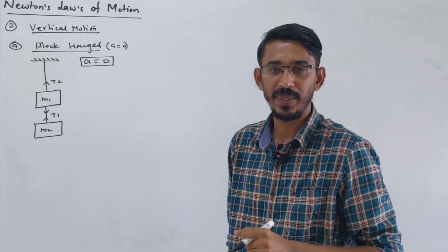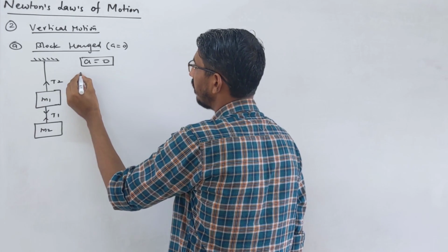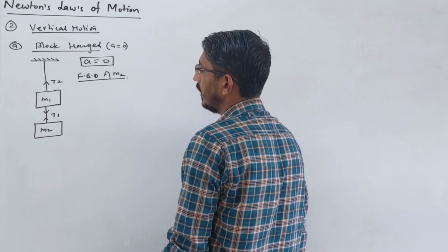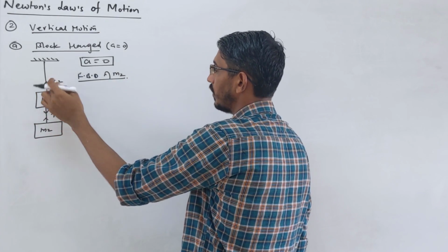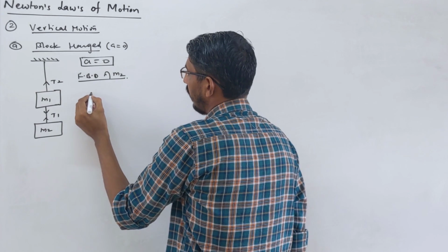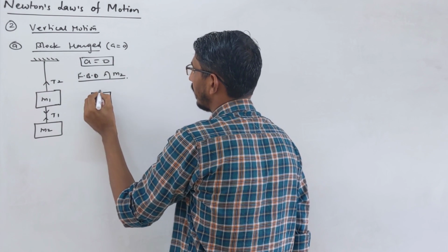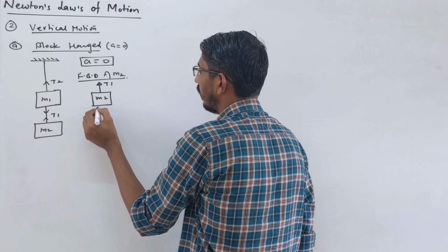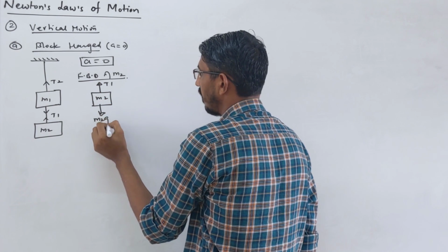So directly let's write FBDs of them. If you write the FBD of M2, you cannot take the FBD of the upper block because T2 and T1 both are unknown, so you take the FBD of this one. Vertically hanging, one force upward, that is T1, and one force downward, that is your weight, M2G.